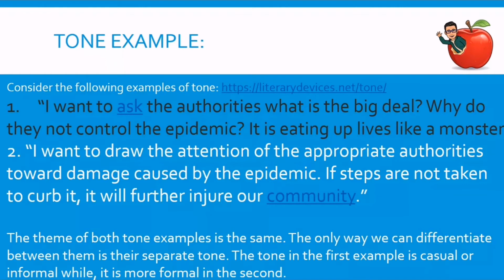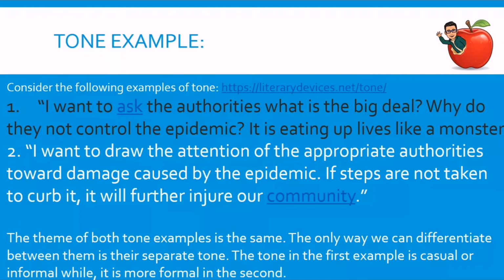Right? So here it is informal because of the words used. So the tone of this is informal. While the second one, as you have observed, is very specific and very formal in how it states its question. So for number 2, the tone is formal.